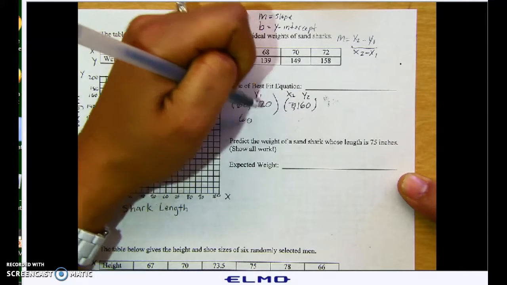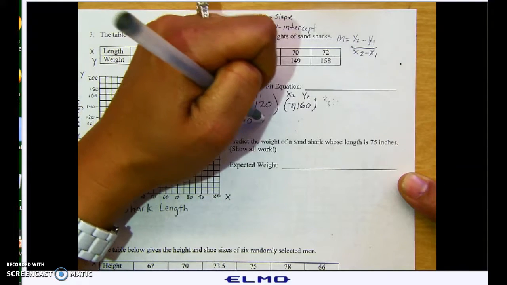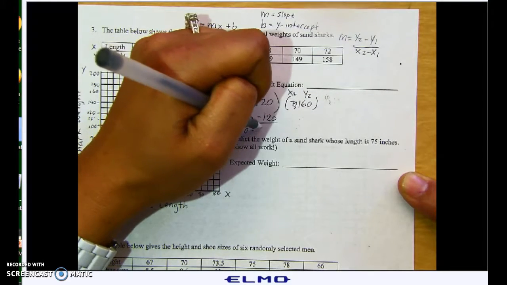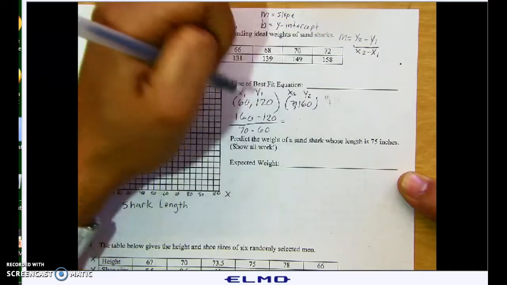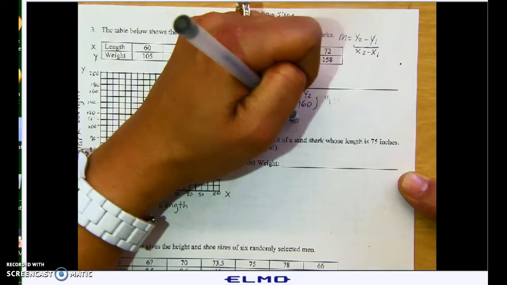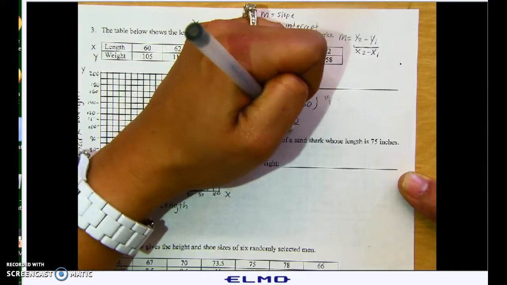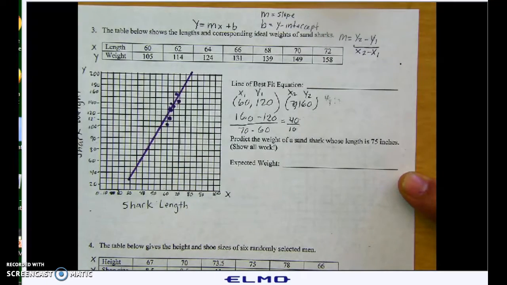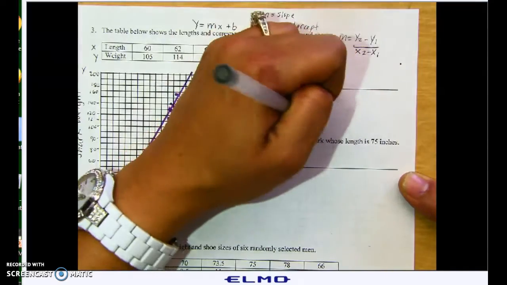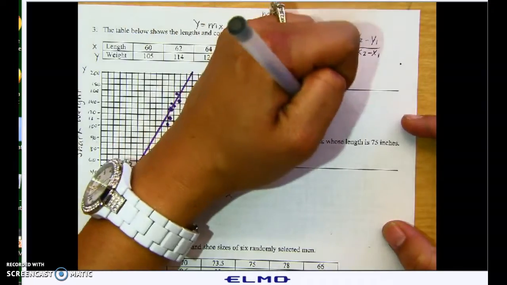I'm going to get 160 minus 120 over 70 minus 60. 160 minus 120 is going to give me 40, and 70 minus 60 is going to give me 10. Okay? I can reduce this because 10 goes into each. I'm going to get 4 over 1. That's my slope in fraction form.